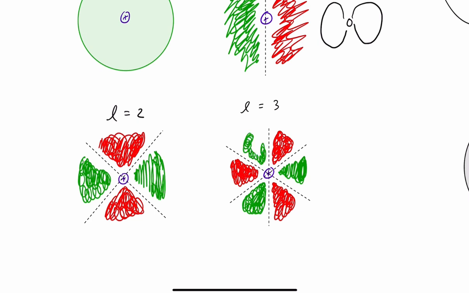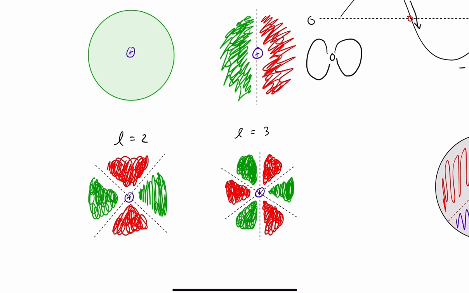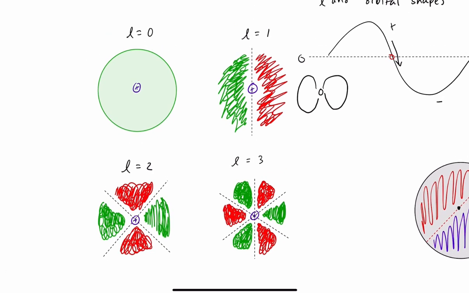And no worries about understanding what negative or positive mean physically. Just know that we're not going to have any electrons on the node and we're flipping the sign. Now we have some pretty weird looking shapes here, but know that we found this just by understanding how the L quantum number related to the number of angular nodes.